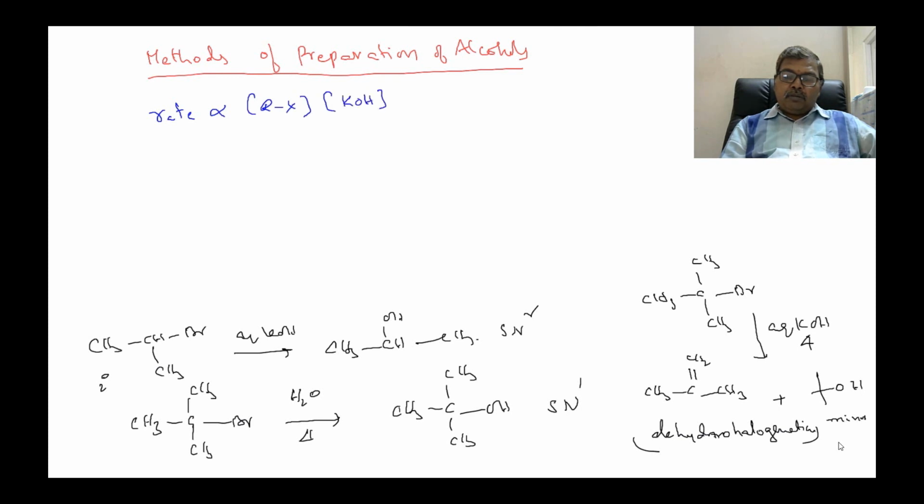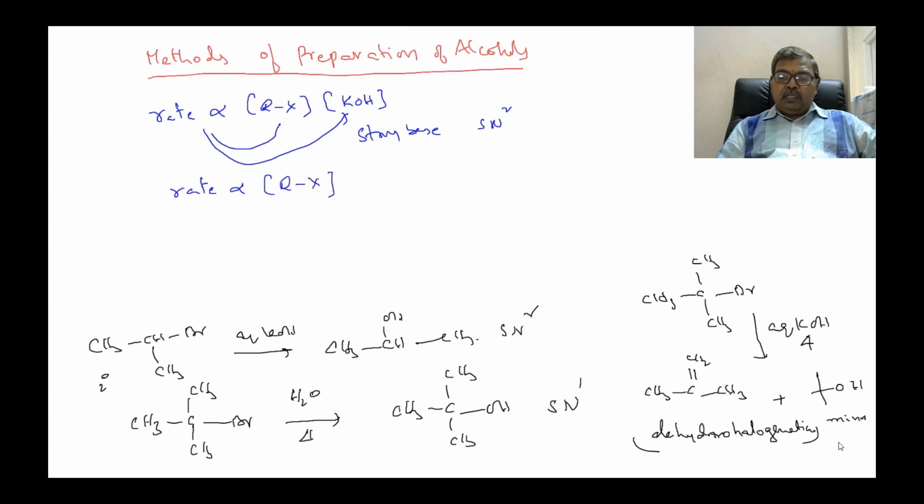So a strong base is required for the SN2 reaction. In case of SN1, the rate of reaction is directly proportional to the concentration of alkyl halide only. So a weak base is sufficient to carry out the SN1 mechanism.